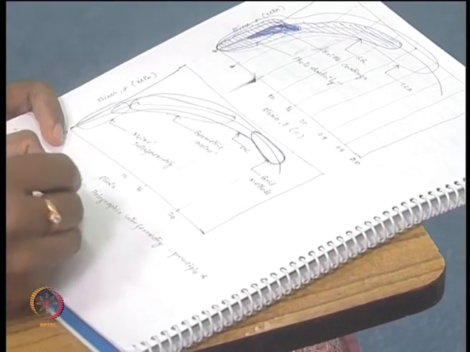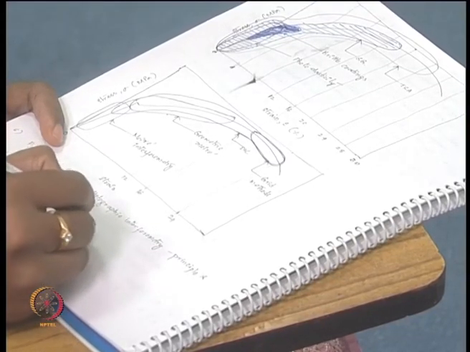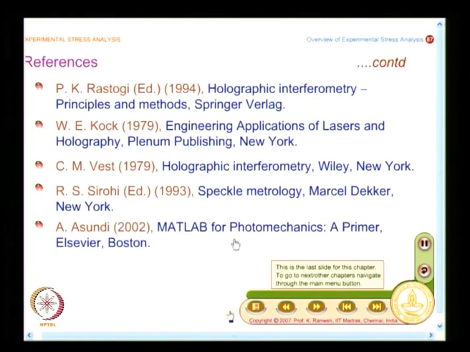And finally, you have a book by Asundi. More and more computer processing is done, and he has come out with how MATLAB can be used for photomechanics. We have already seen, when we looked at trends in experimental mechanics, that the current trend is on phase shifting techniques.